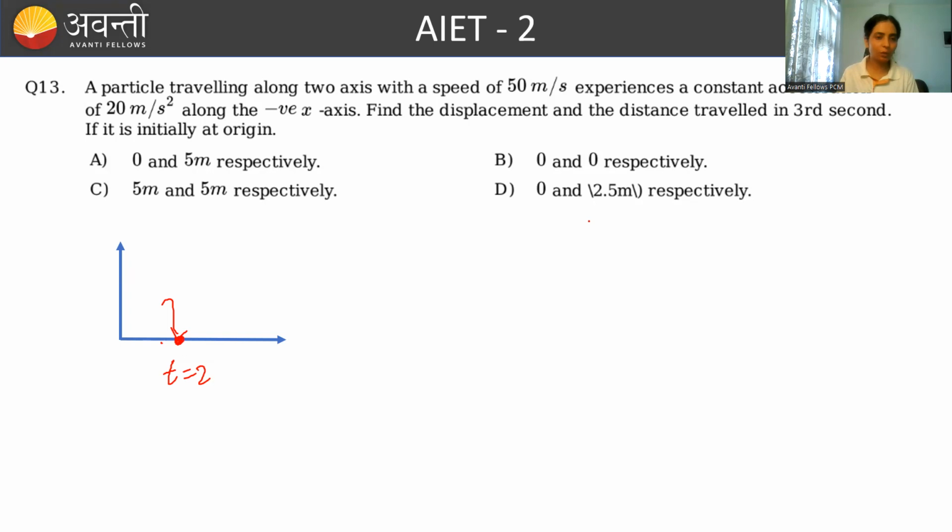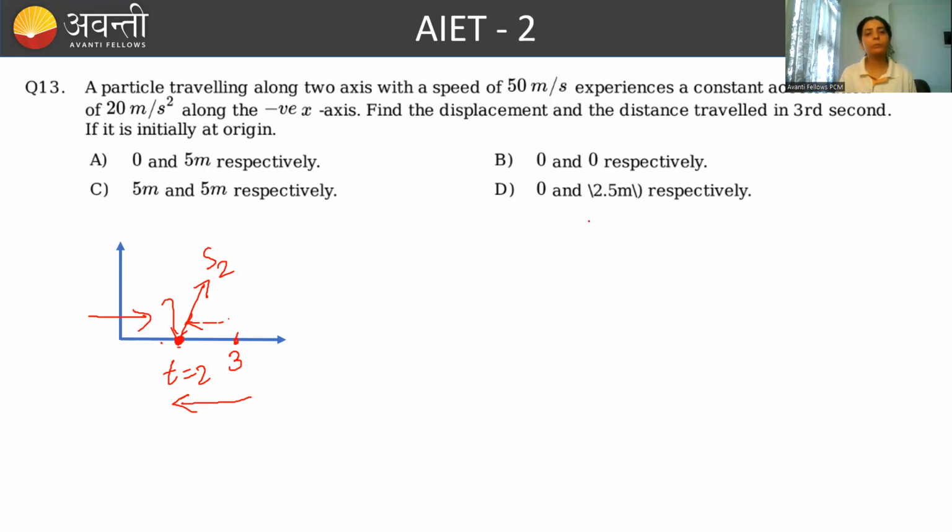Means suppose body was here at t equal to 2. So at t equal to 3, body is again coming to this position. Then only displacement is 0 in third second, right? It means that between 2 to 3 seconds, body has changed its direction. Means somewhere its velocity has become 0. And after that, its velocity has got direction in this sense, because initially its velocity was in this sense of 50 meter per second.